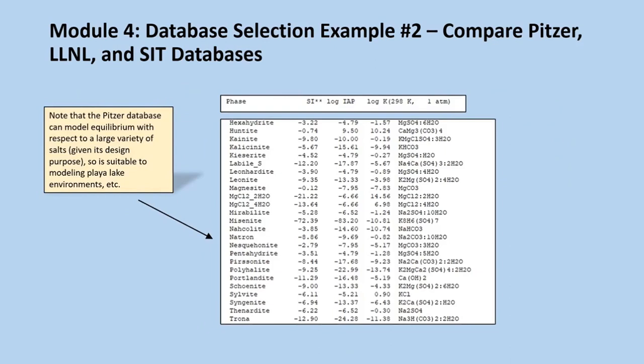As an additional note and a plug, if you will, for using the Pitzer database for problems involving brines, I'll point out that there are a fair number of soluble minerals included in the list of possible phases under this database that are not included in the others. This may provide some useful additional flexibility for certain problems.